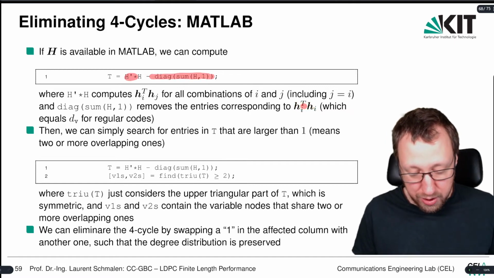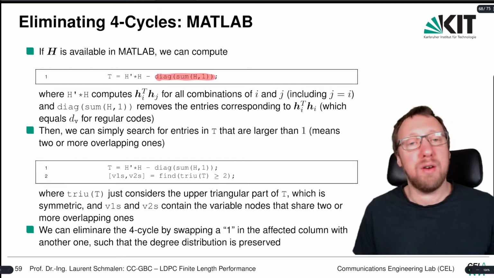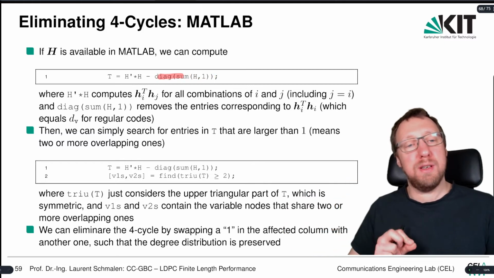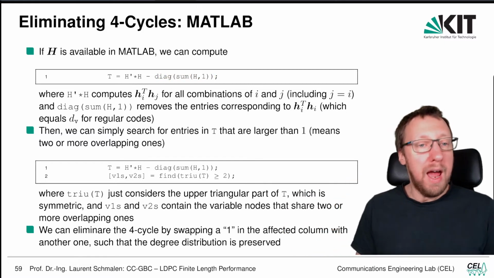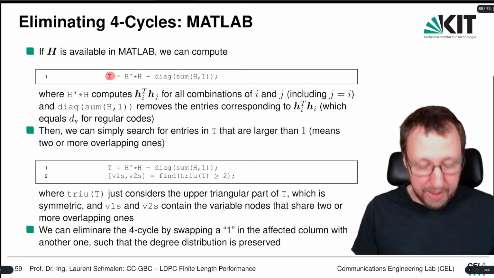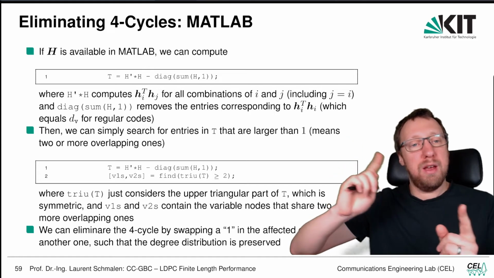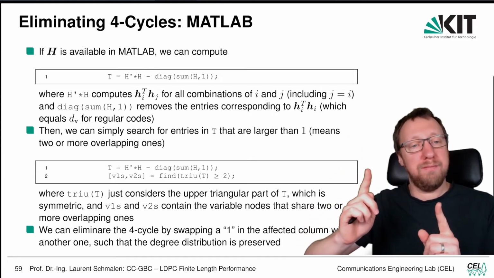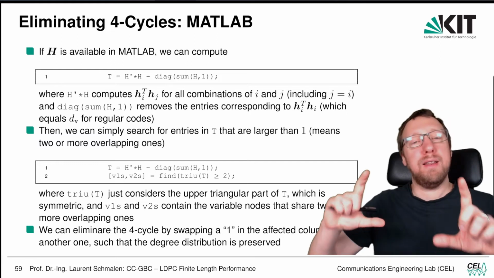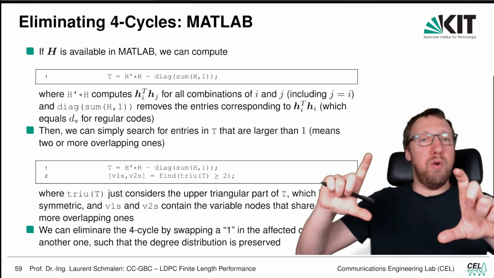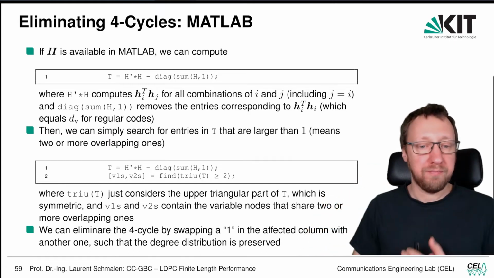So we take H transpose times H minus this term, which removes column i with column i. And then we have this matrix T, which for all the combinations of i and j contains the number of overlapping ones. We search for the entries that are larger than 1, and then we know that these two columns have more than one overlapping one, and then we can start removing.